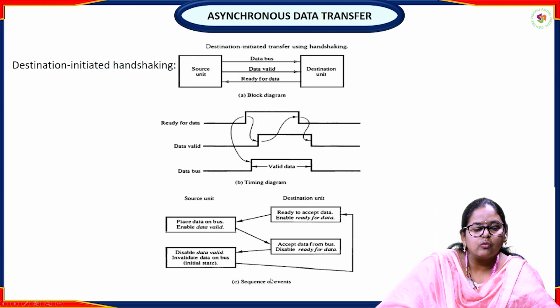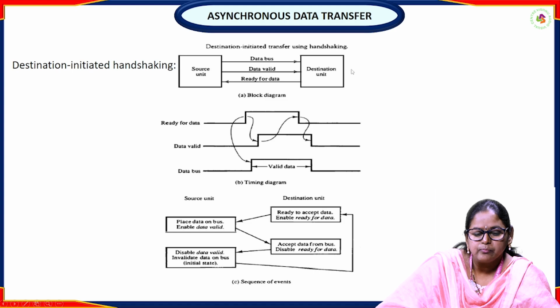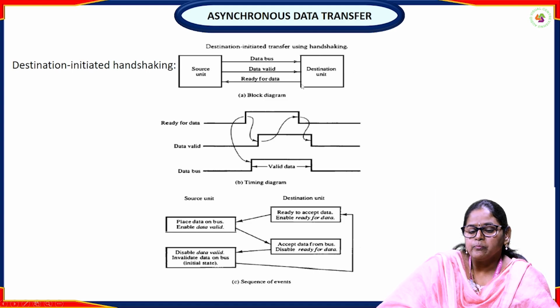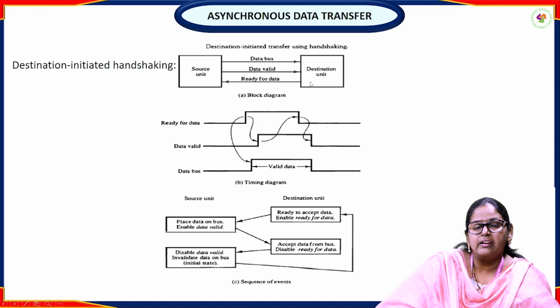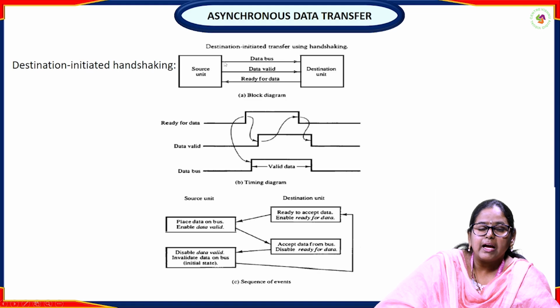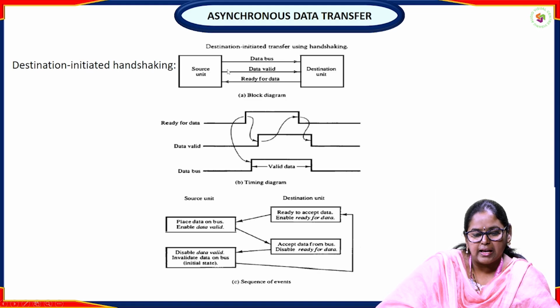Let us now go with the destination initiated handshaking. How exactly does it happen? As it is destination initiated handshaking, here the destination unit uses a control signal called ready for data. The first thing that happens is that the destination unit will enable the ready for data line. When it is reached, the source unit places valid data over the data bus and enables the data valid line.